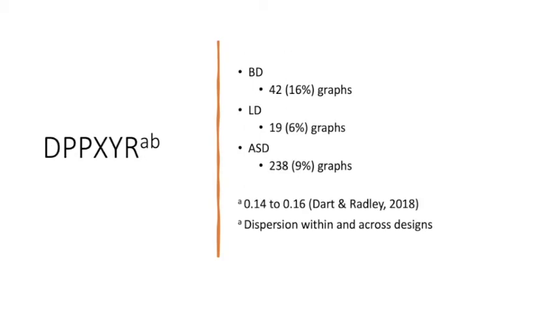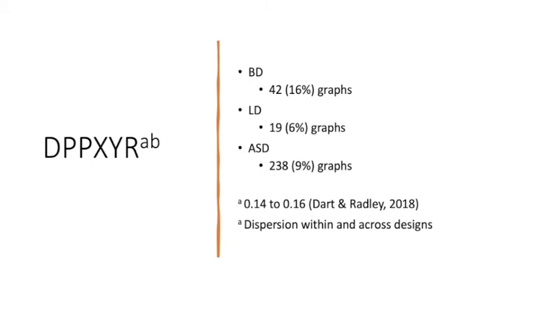Similar findings for DPP-XYR, so 42 or 16% were within 0.14 and 0.16. Same thing with LD, 19, which was 6% of graphs. And for autism, 238 or 9% were within those parameters. And very similar finding, large dispersion within and across designs. A point I want to highlight is in the multiple baseline design literature, a lot of the graphs were below 0.14.